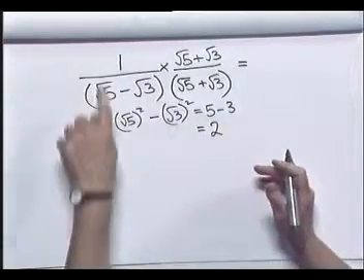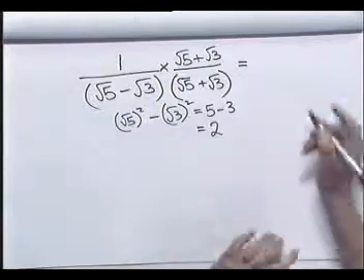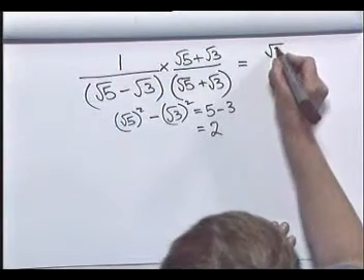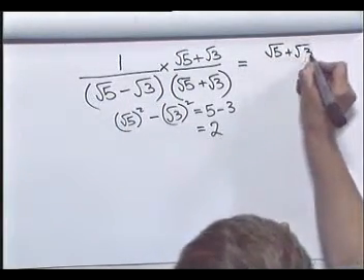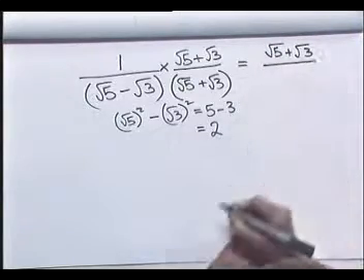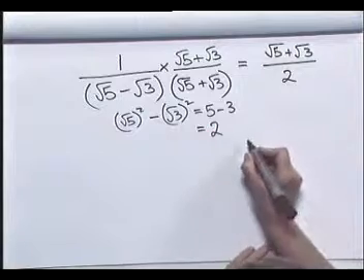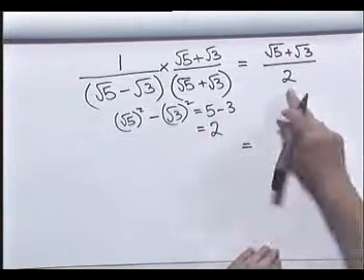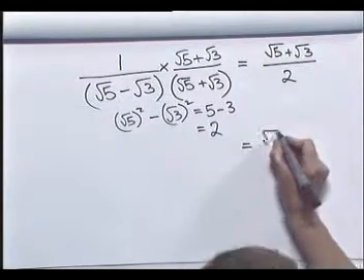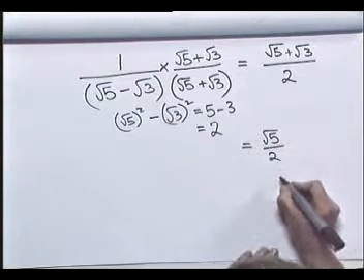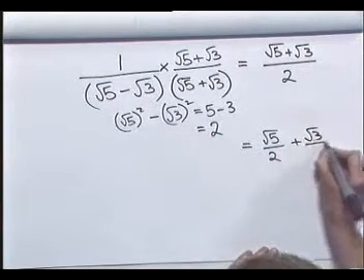So when we rewrite all of this, 1 times the square root of 5 plus the square root of 3 on top over 2. We tidy it up a little bit by dividing through by the 2, and so we get the square root of 5 over 2 plus the square root of 3 over 2.